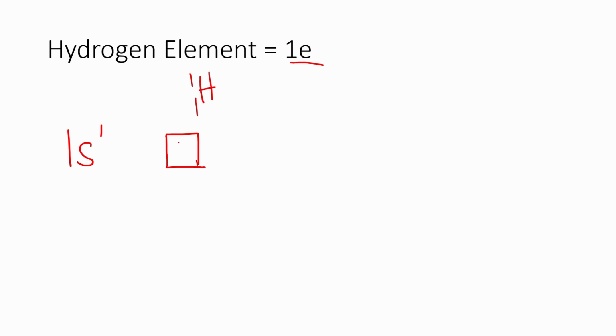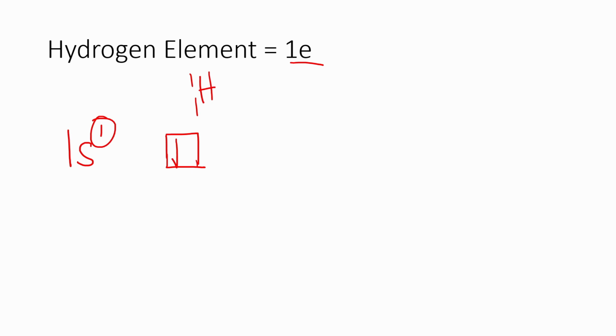And for our Hund's rule, you have to fill each orbital in order with parallel spins. Since we only have 1 electron, you will only need 1 arrow for our hydrogen. Very easy.